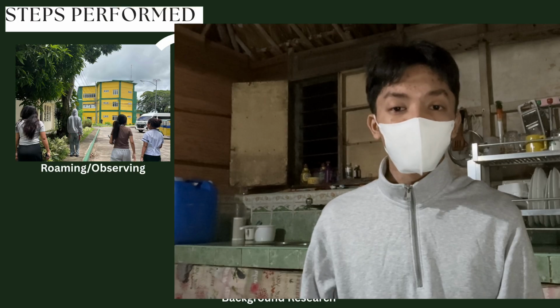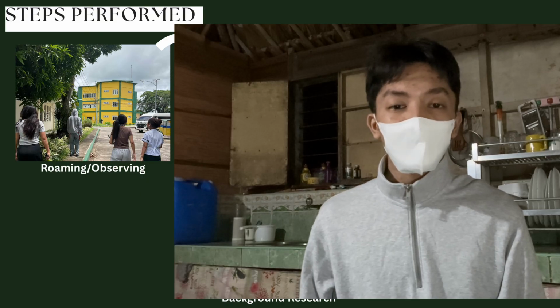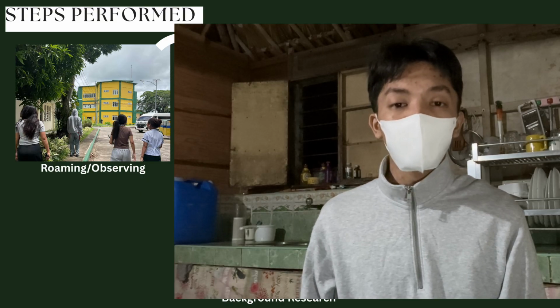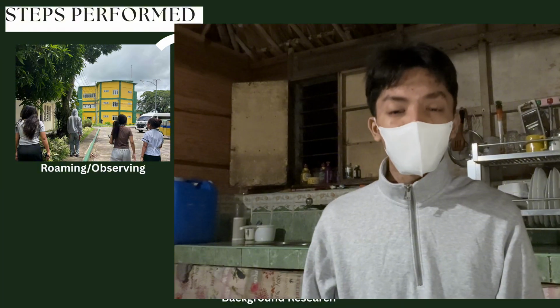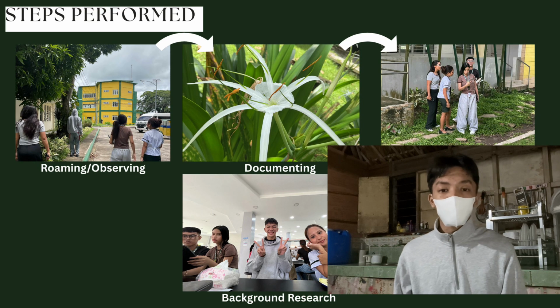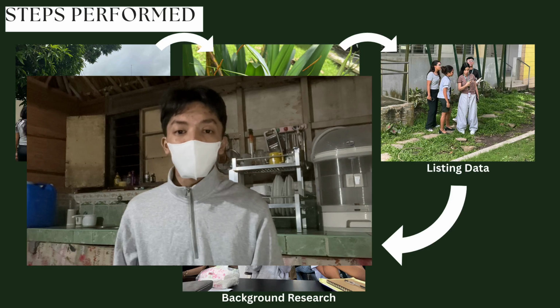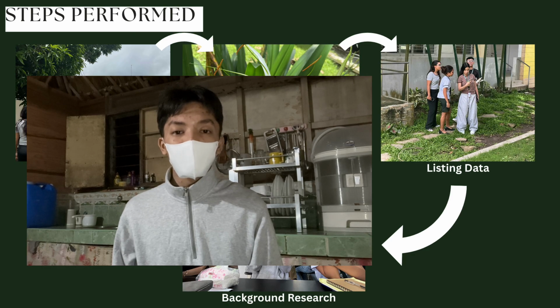Our activity was guided by these steps. First, we roamed the campus and chose the plant species that we would like to have as our plant subject. Second, we documented the leaves, the stem, the flower, and the roots of the plant species that we chose. Third, we listed the data that we were able to see and observe using our naked eye.